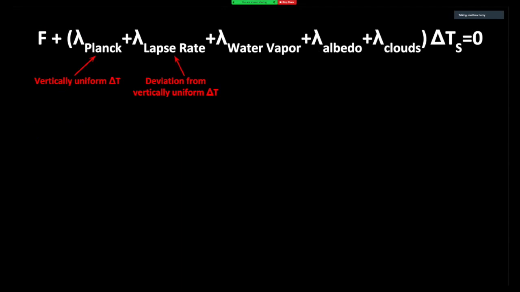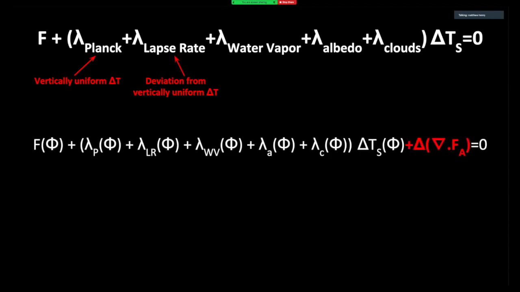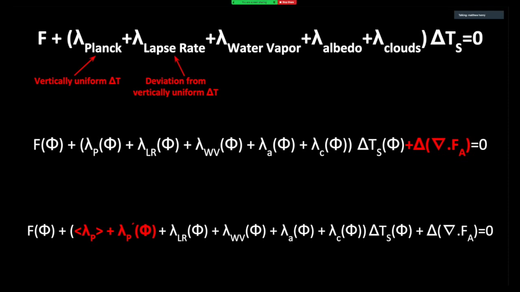And then you can decompose the temperature feedback into the Planck feedback, which refers to the vertically uniform temperature change, and then the lapse rate feedback, which is a deviation from vertically uniform temperature change. And then you can express it all as a function of latitude. Then you'd have to add a term for the change in convergence of atmospheric energy transport. And finally, you can also decompose this Planck feedback into the latitudinal mean of the Planck feedback and deviation from the latitudinal mean.